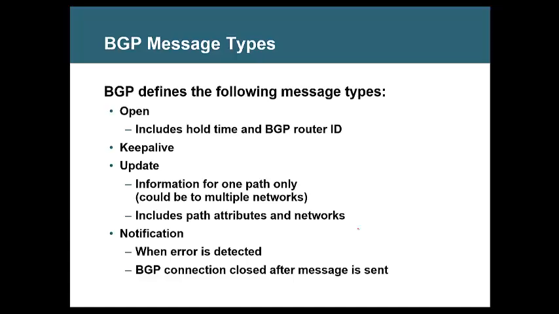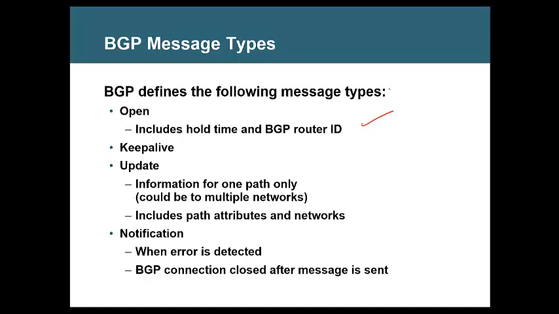BGP sends messages, and they are of 4 types. Open message. Since it's a TCP protocol, a three-way handshake is a must between two peers, and we will configure neighbors manually. I repeat, it's a TCP protocol, right? The neighbors are not discovered dynamically.